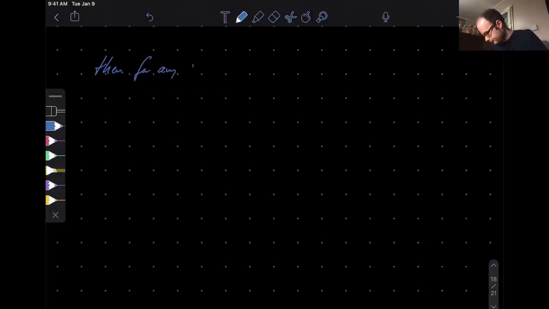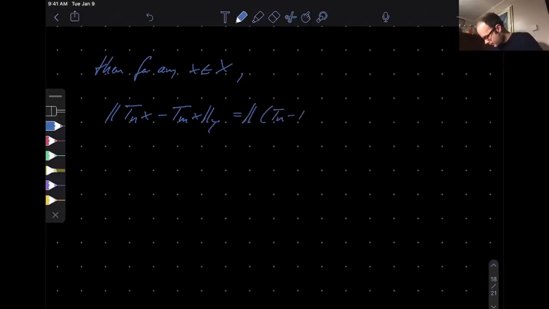Then for any x in X, let's estimate a little bit. So ||T_n x minus T_m x|| in Y space, which is ||(T_n minus T_m)x|| in Y space.